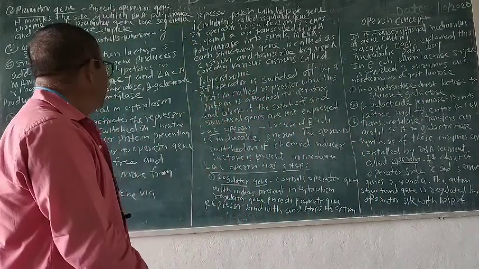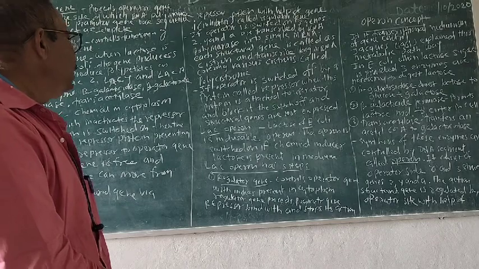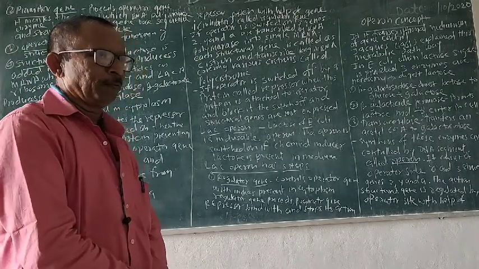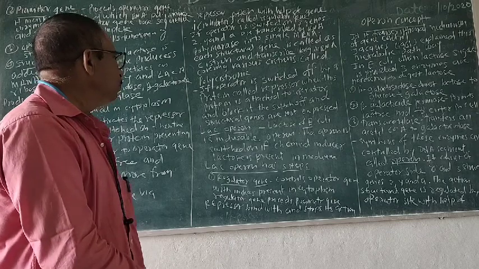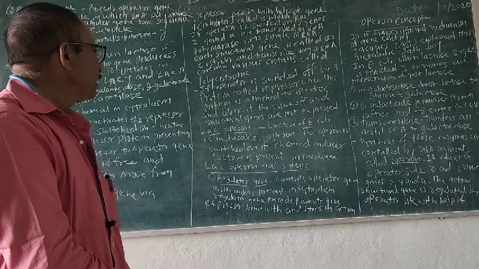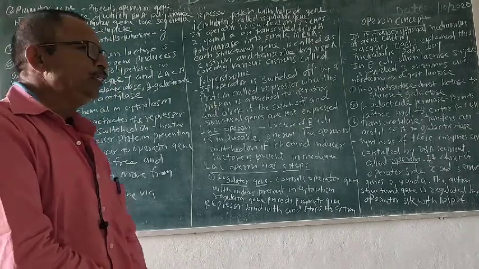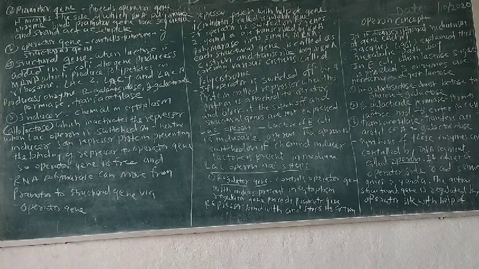Now, what is the lac operon? The lac operon of Escherichia coli is an inducible operon. The operon is switched on if the chemical inducer lactose is present in the medium. So we know that here lactose is the important factor in the medium.